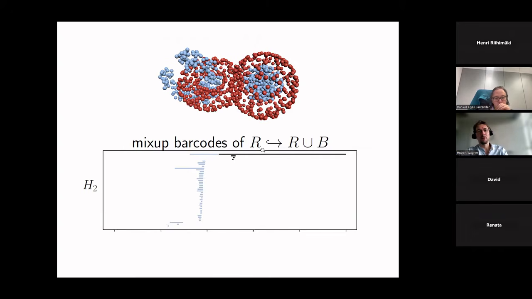When I consider the red points and include them into the union of red and blue points. So in other words, I take red and include into all the points. And the first thing I could compute is just the regular persistence diagram of R, of the red points. And in degree 2, we would get something like this. There would be this long bar.